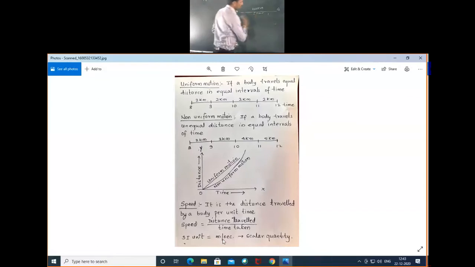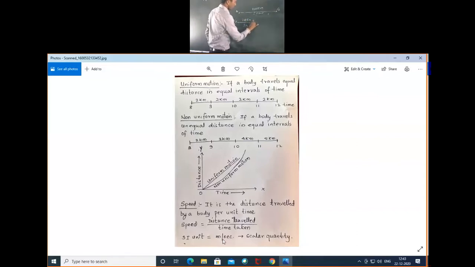This is how to calculate the speed. Speed is equal to distance traveled per unit time. You have learned this in previous classes, 8th, and maybe also in 6th and 7th in maths. So maybe from A to B, 100 kilometers takes 1 hour.